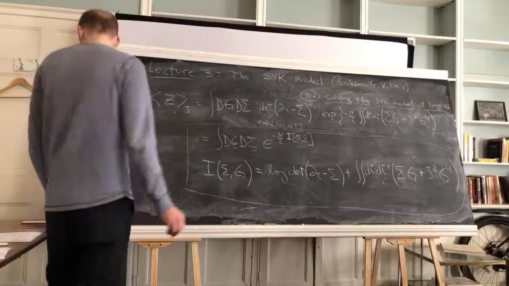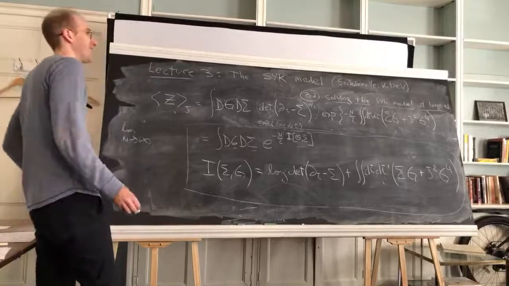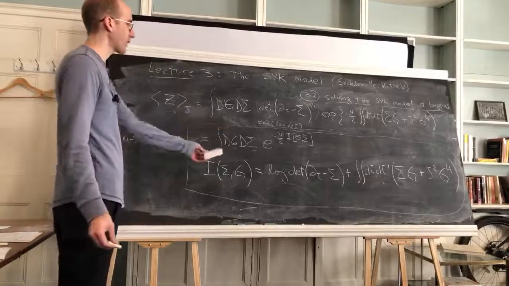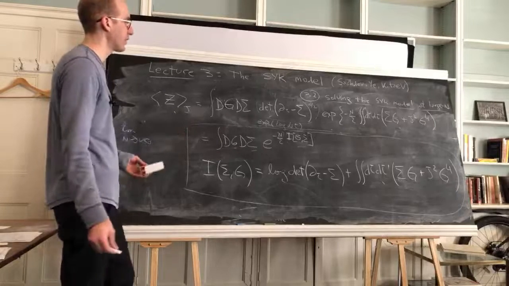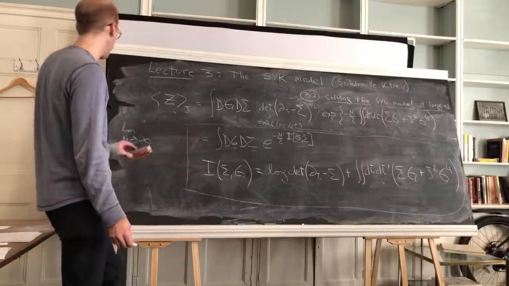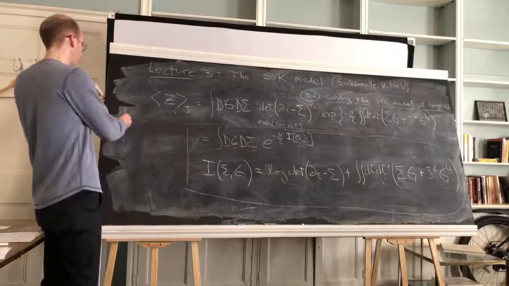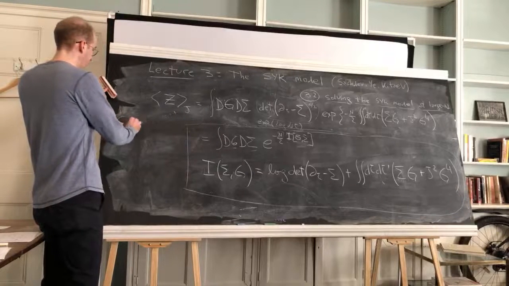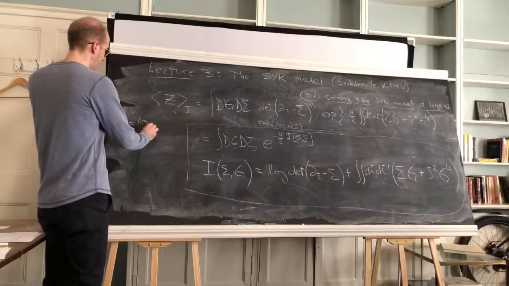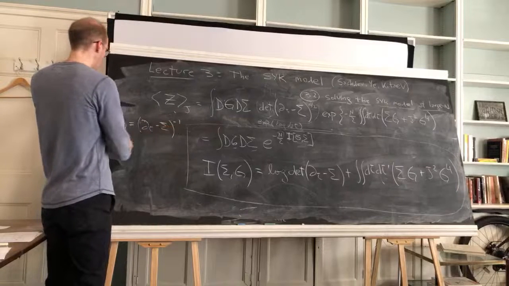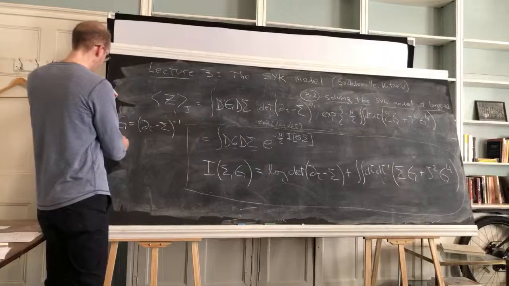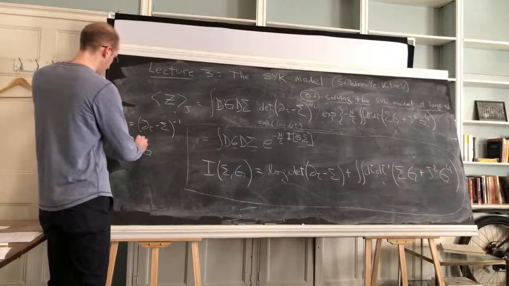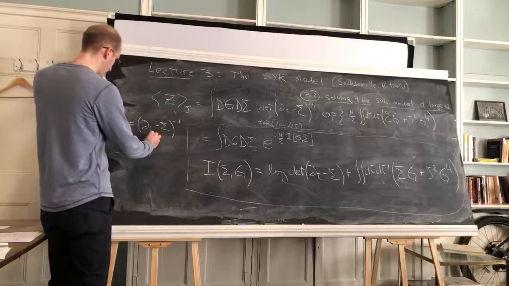And so homework, again, verify that if you vary this action with respect to g and sigma, you get exactly the Schwinger-Dyson equations. So g is equal to d tau minus sigma to the minus 1, and sigma is equal to j squared g cubed.